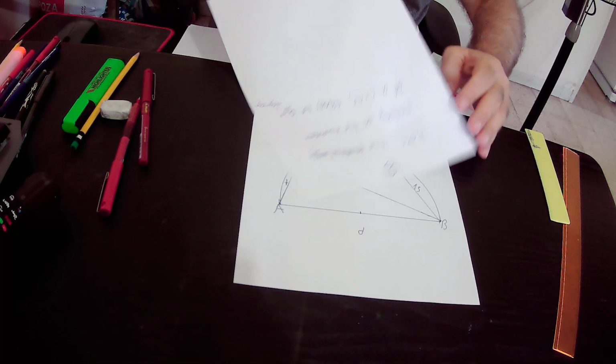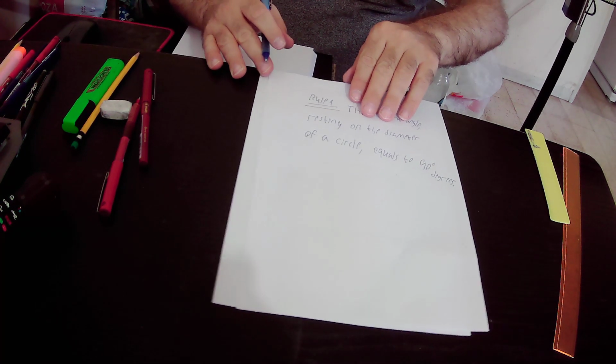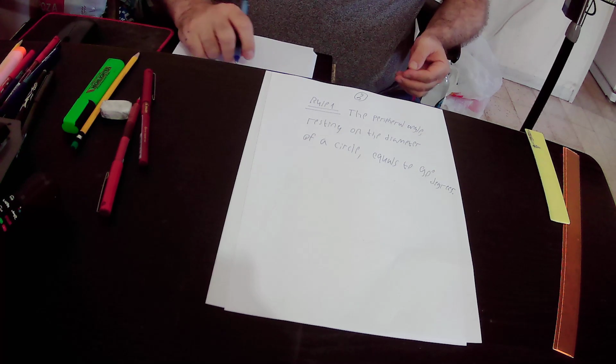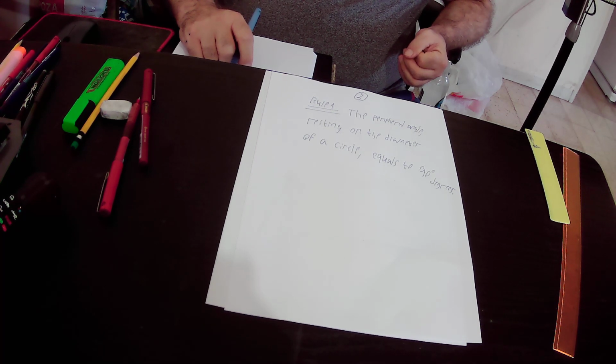So I will read rule number 1 again. Rule number 1 states that the peripheral angle resting on the diameter of a circle equals 90 degrees.